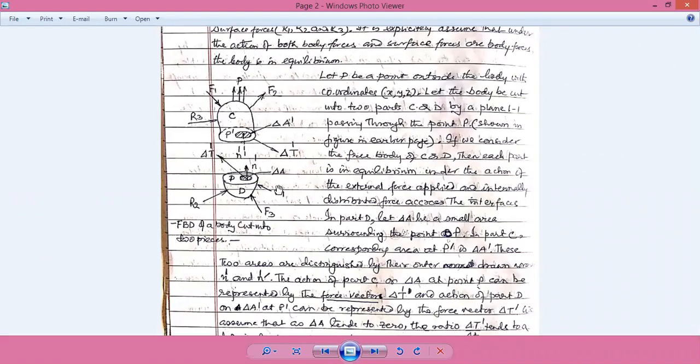The action of part C on area A dash will be represented by the force vector delta T dash.